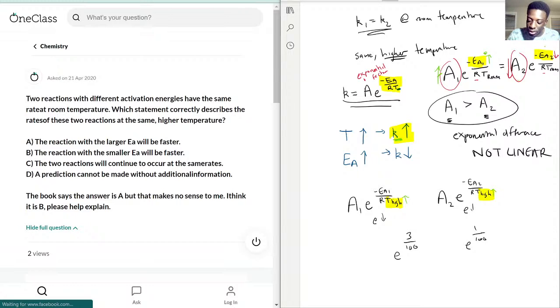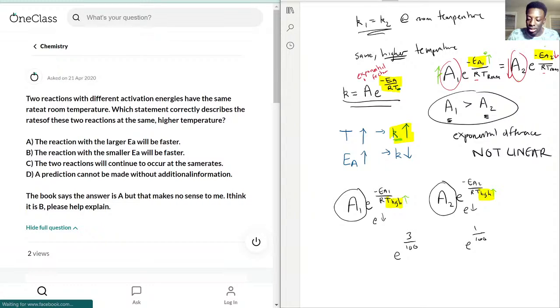And same with this one as well. But then we see here that A1 was bigger than A2. So although these two experience that drop, this E will still remain a greater number than that E. Hence the example that I showed here below.